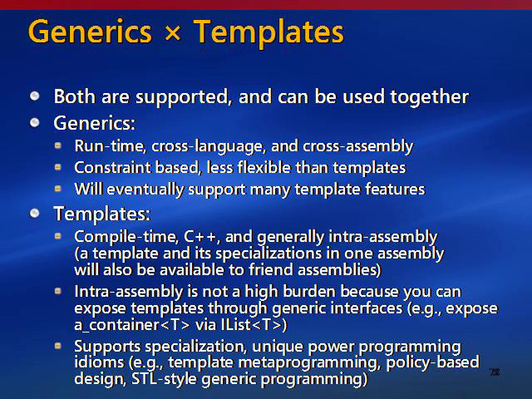So templates are compile time enforced. They allow specialization, so I can create different kinds of collection classes for different type elements. And generics don't specialize, but they have a lot of other very cool things in that they're cross-language. I can use a generic from C#.